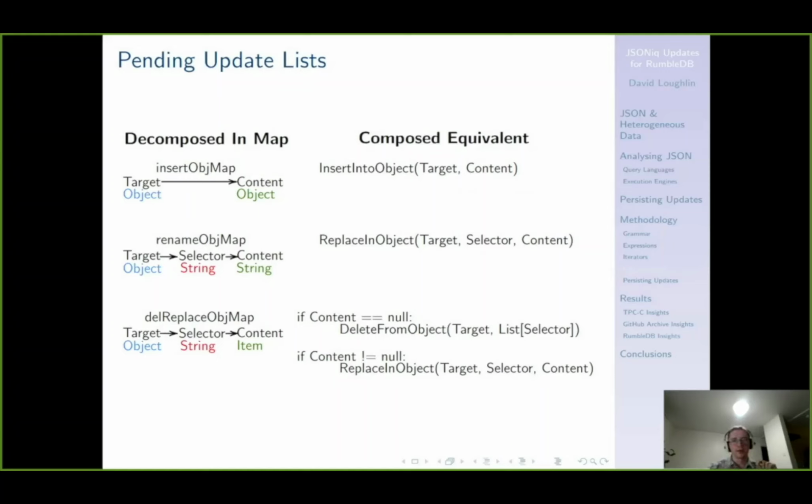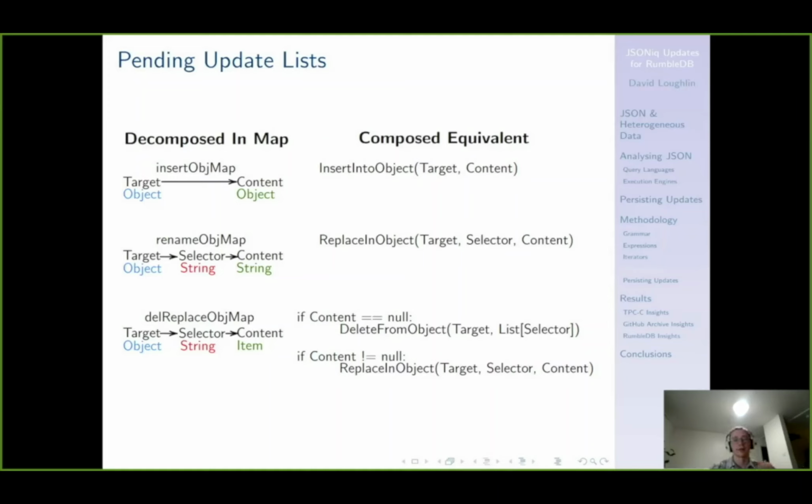Thus, we can utilize the decomposition to embed this lookup for compatibility into the PUL data structure using a set of ordered maps. Update primitives that can conflict and/or be merged are placed into the same map that indexes elements by their target, selector, and content where possible.